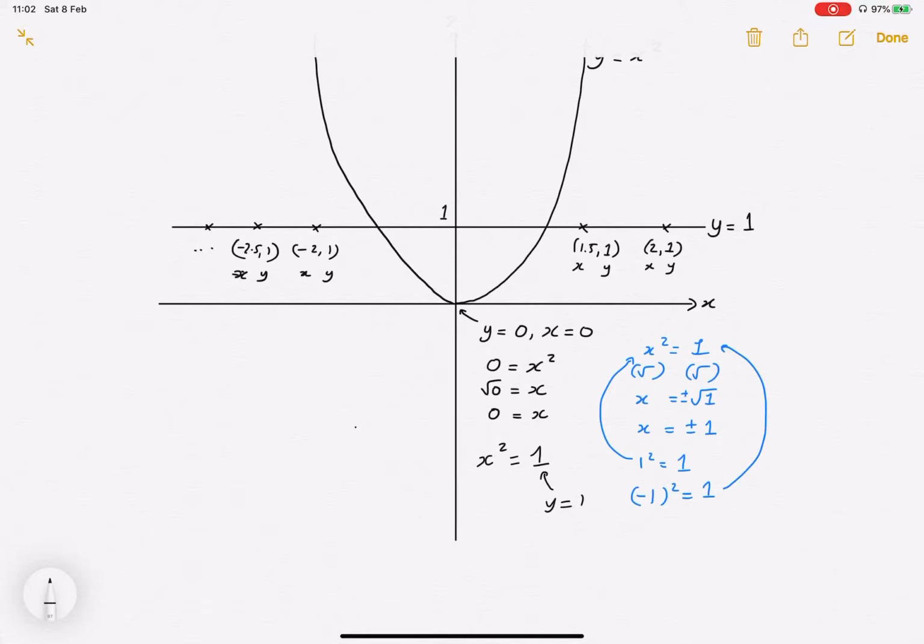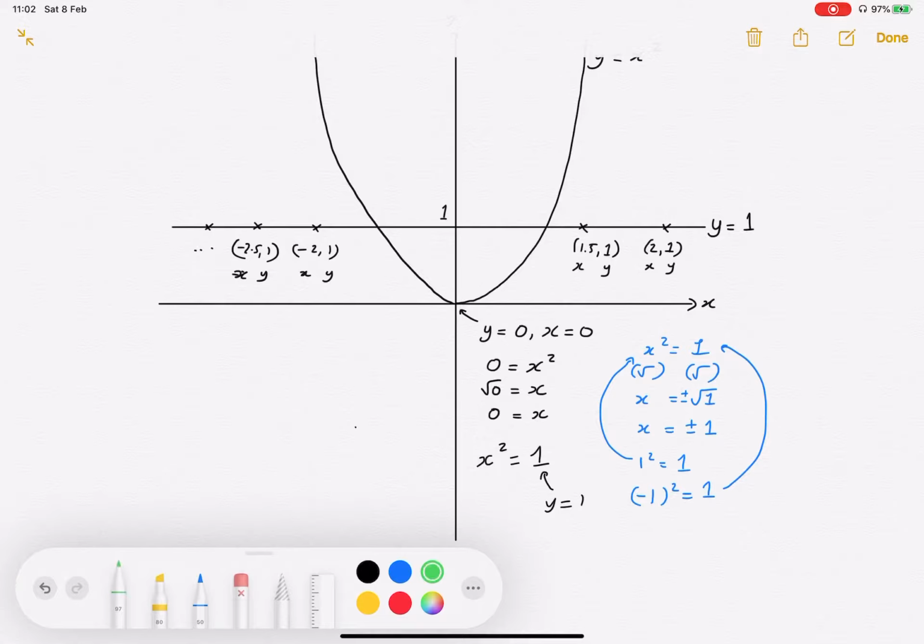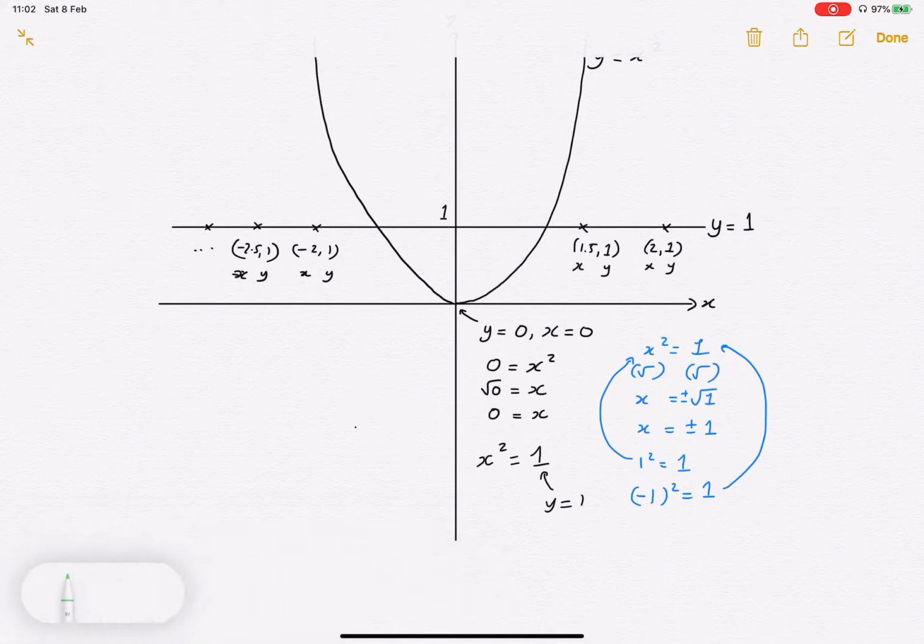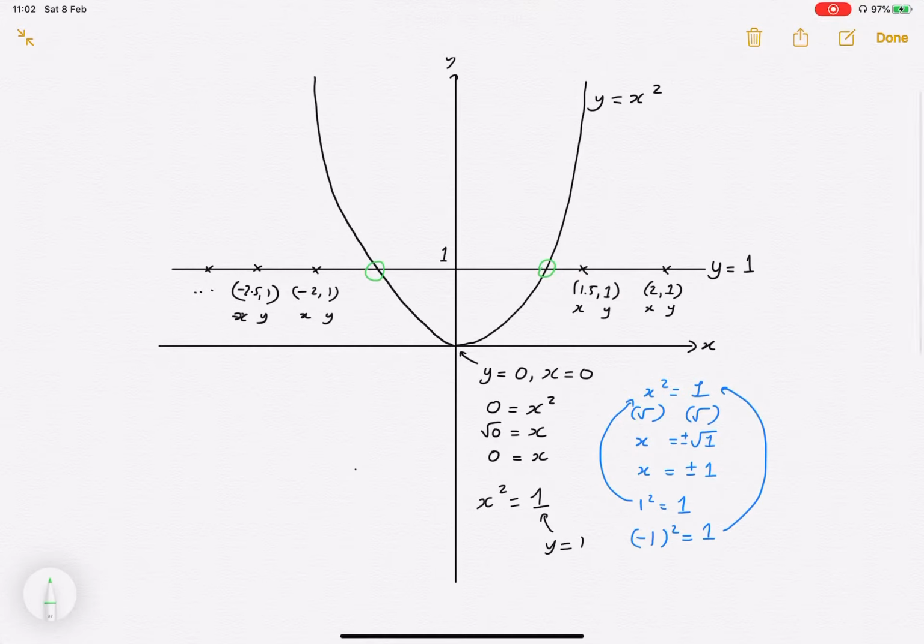They're all solutions to our equation. But there are only two points, let's mark these with green, where they are equal to each other, where x squared equals 1, at these points right here.